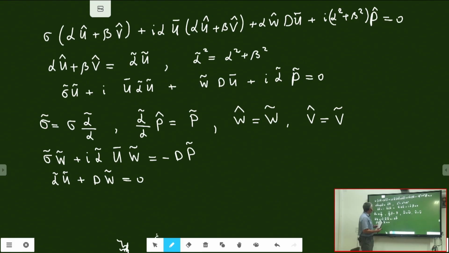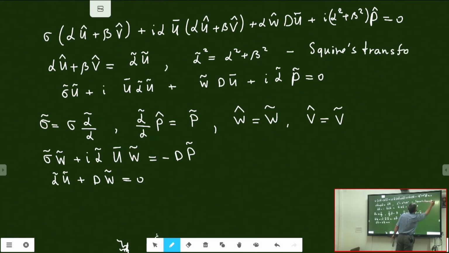What we introduced here is known as a set of Squire's transformations. It's just algebraic substitution.